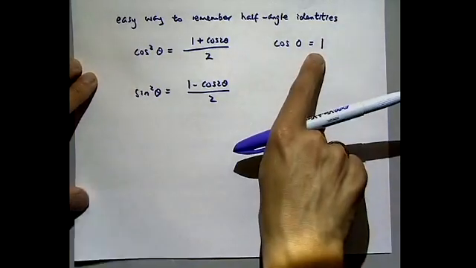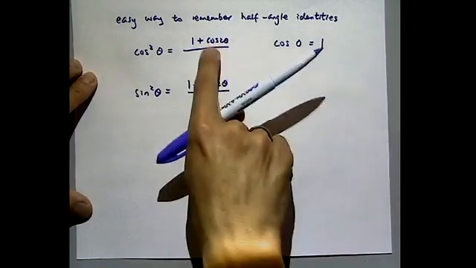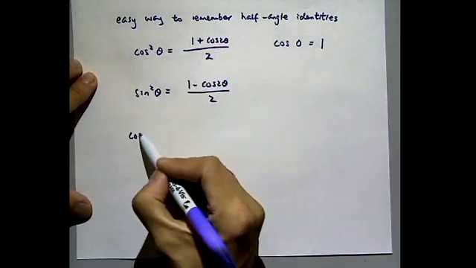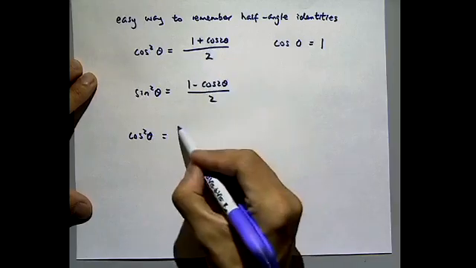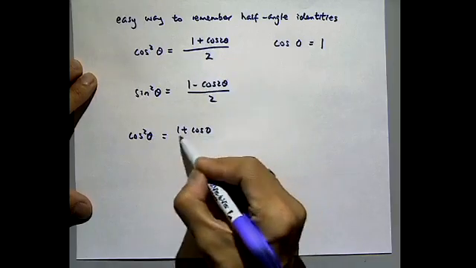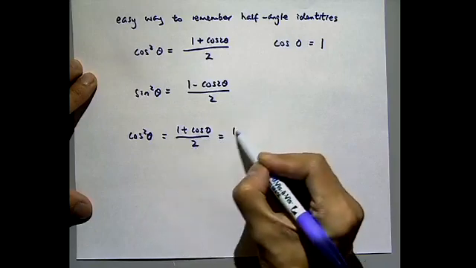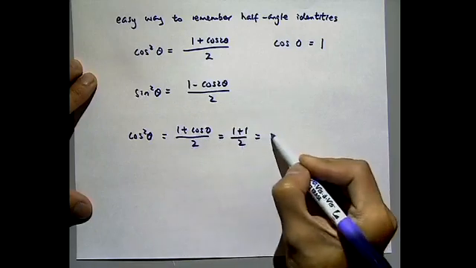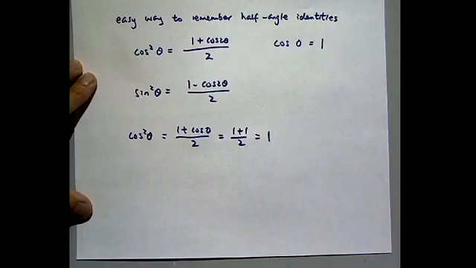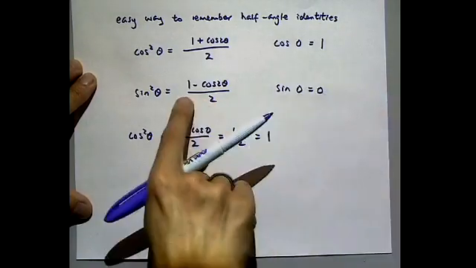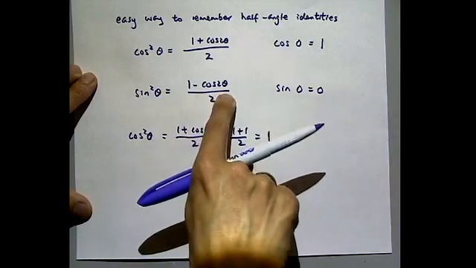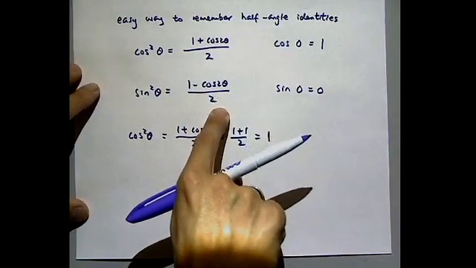So notice when I put 0 into here, I get 1 plus cosine of 0 over 2, 1 plus 1 over 2, which is 1. And I know that sine of 0 is 0. So if I put in a 0 into here, I should get 0.